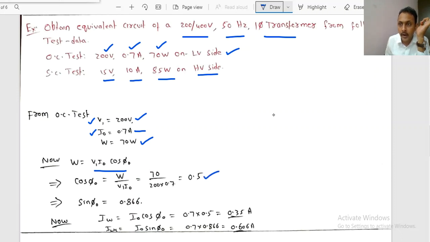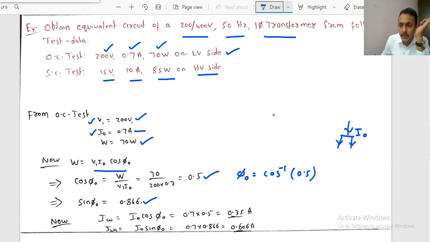Once you know cos phi naught, sin phi naught is obtained: phi naught will be cos inverse of 0.5, right? We will get the angle. Now if you substitute that angle in sin phi naught, we will get 0.866, right? Once we know cos phi naught and sin phi naught, this I naught can be resolved into two components.